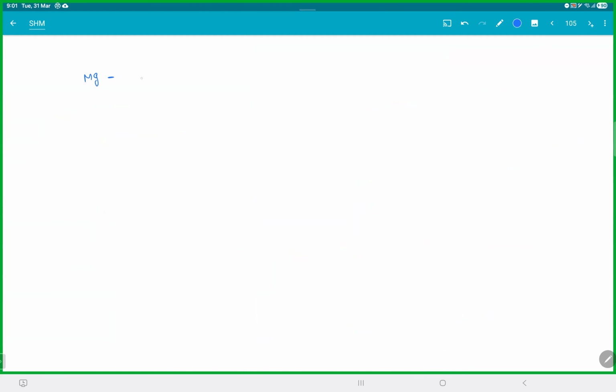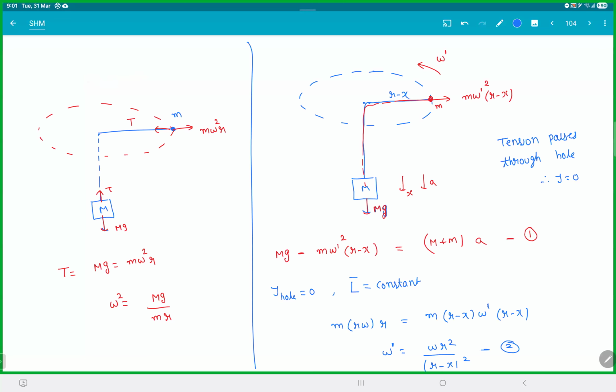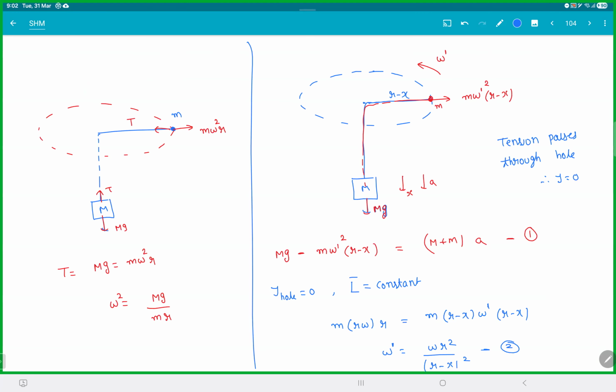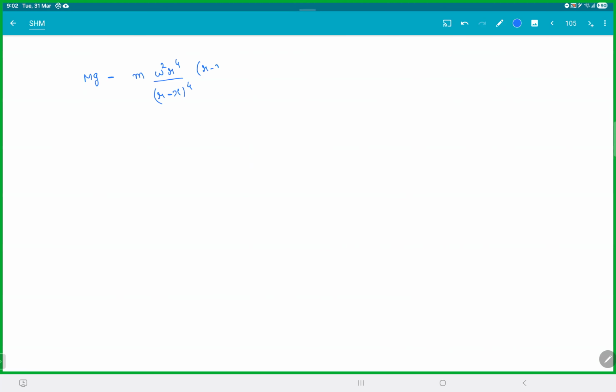This would be minus m omega dash, which is omega square r power 4 by (r minus x) whole power 4. That's a big term. Into (r minus x) is equal to M plus small m a.